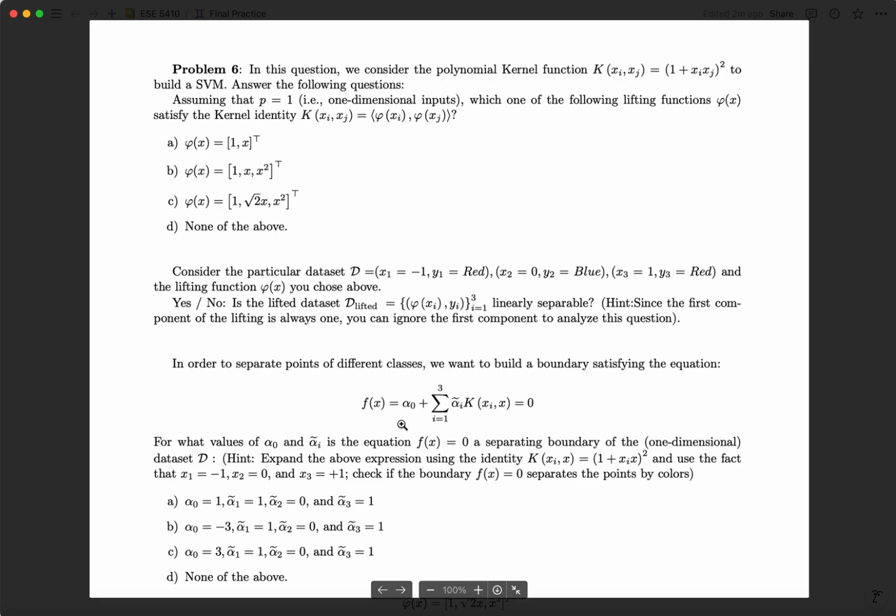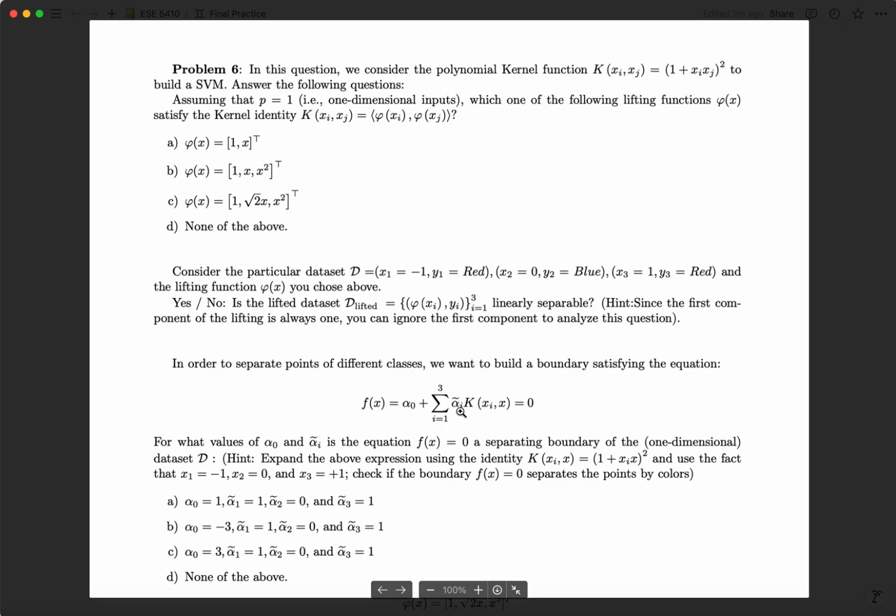any nonlinear decision boundary defined by any kernel, whether it's polynomial or radial or whatever, it has to satisfy this equation where a0 and a tilde are weights. Specifically, a0 is one weight and a tilde is a vector of weights, each of which corresponds to a value of each data point.